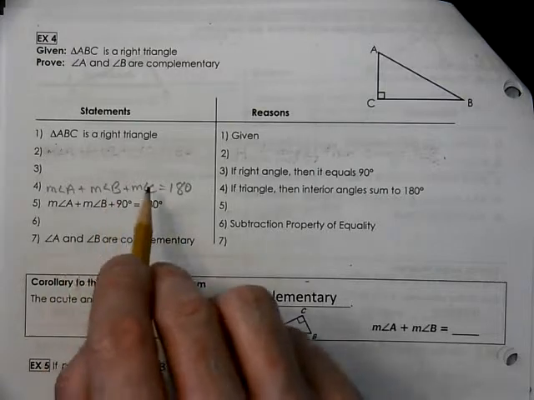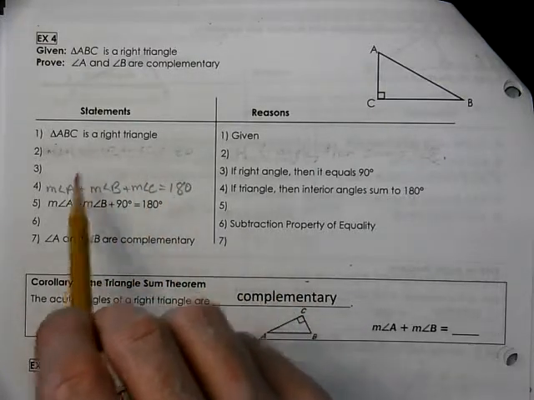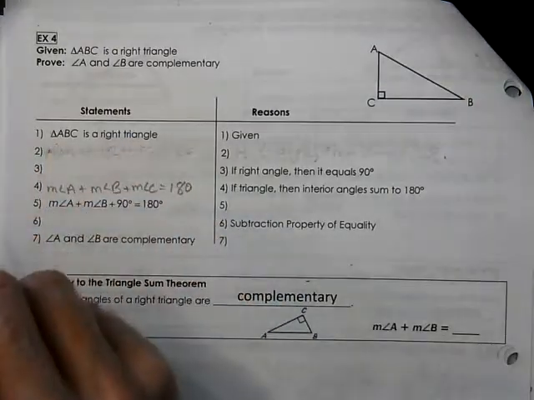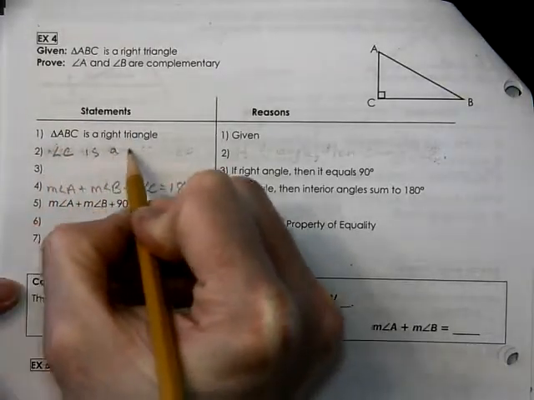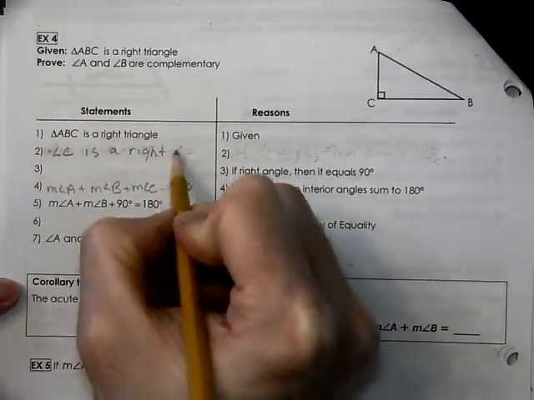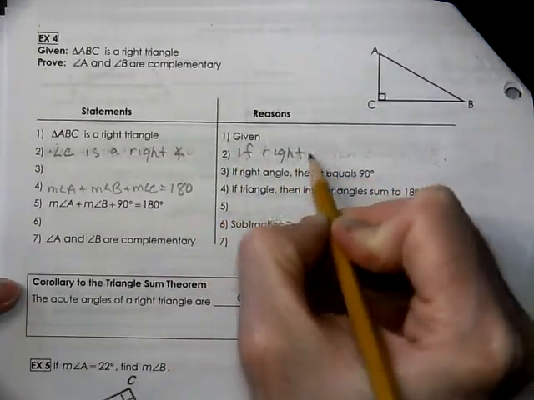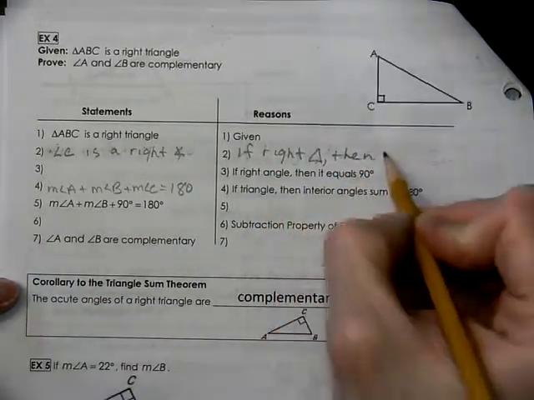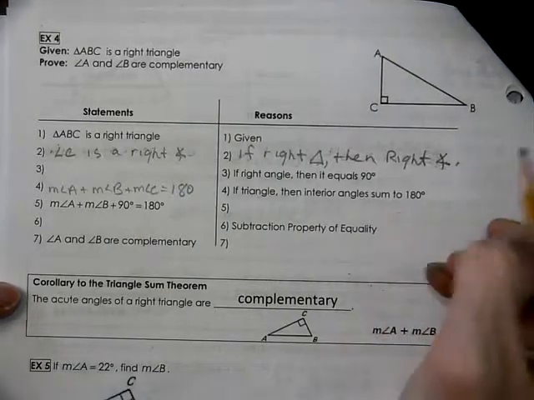That would be the A, B, and C adding up to 180. We need to know that angle C is a right angle. If right triangle, then right angle.